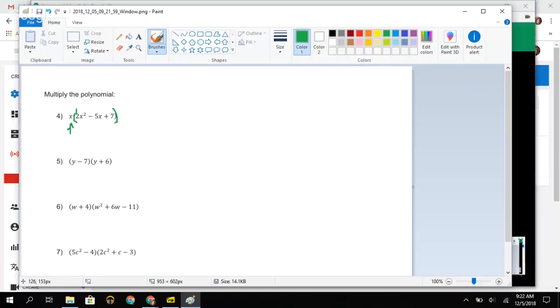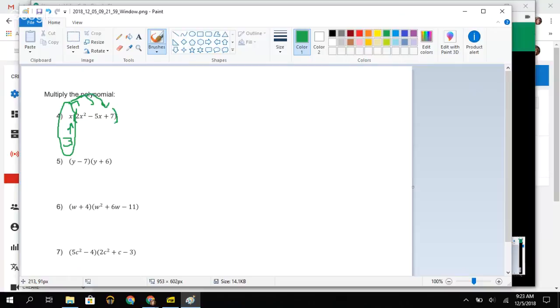What I mean by that is if you just have a single value out here, whether it's x or 3 or 100 or whatever it would be, then all you need to do to simplify this is to use the distributive property, right? Because this is a single value out front, we can multiply using the distributive property in order to get rid of the parentheses.